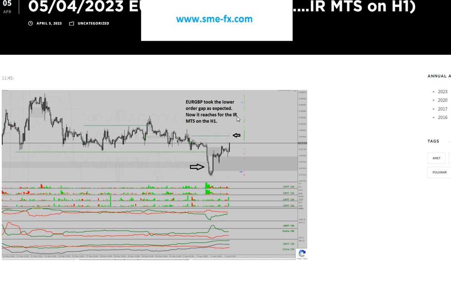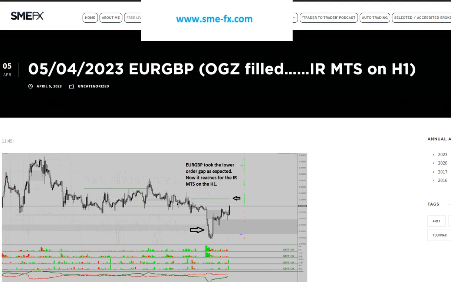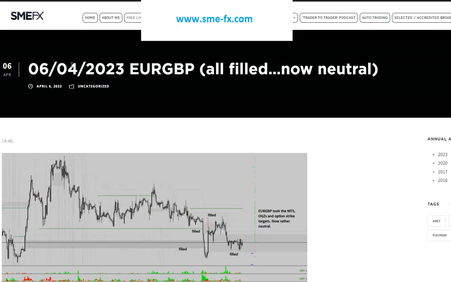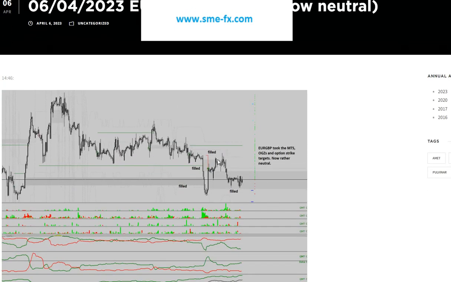Now it reaches for the inner range medium term stop on the 1 hour chart, and on the 6th it didn't reach the stop, but it still filled the gap, and it filled the option strike signal. You see here, euro pound took the MTS order gap zone and option strike targets.